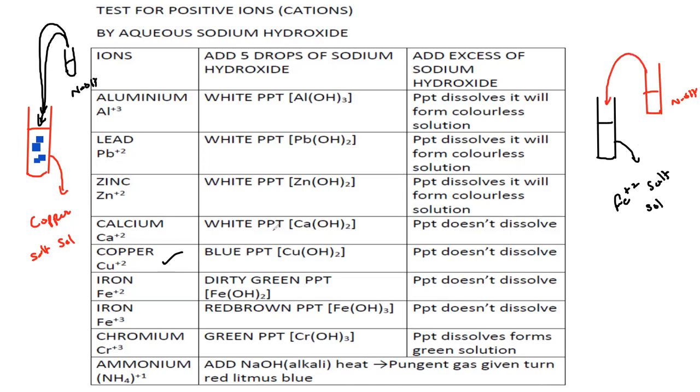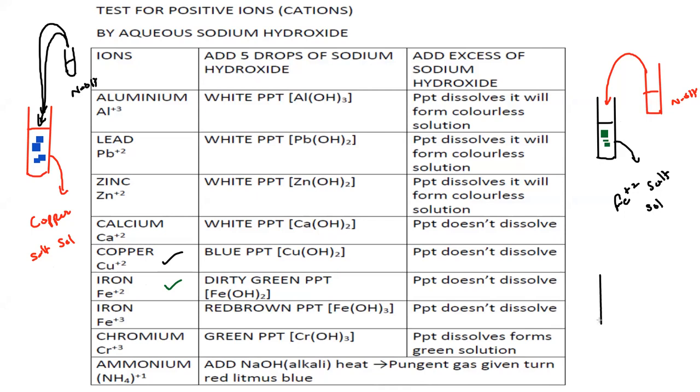The moment we add drops of sodium hydroxide, we'll observe a dirty green precipitate. And then when we add an excess, more than enough, the precipitate does not dissolve. The precipitate remains as it is.